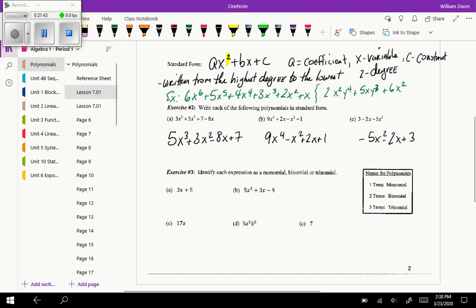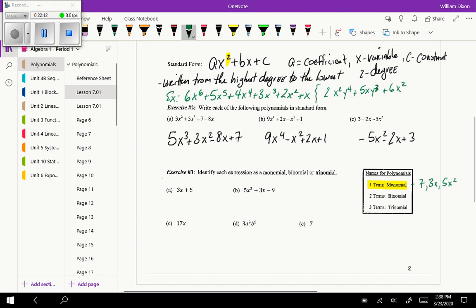All right, anyway, so it says identify each expression as a monomial, a binomial, or a trinomial. All right, so monomial has one term: 7, 3x, 5x squared. All right, if those are all by themselves, okay, those are monomials.